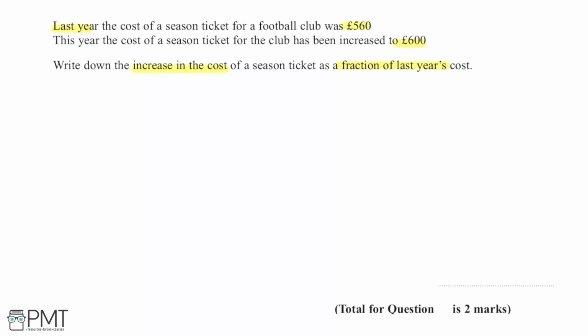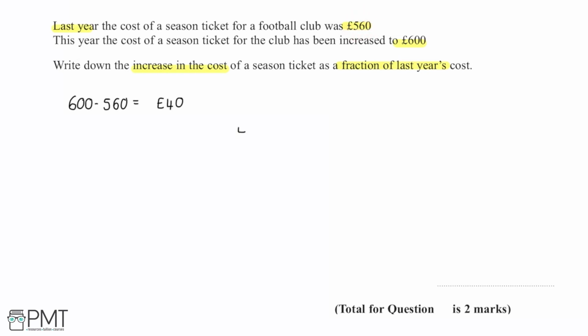Now if I want to write the increase as a fraction of the original price, I need to work out what the increase is. So I can do that here. I can take the 600, subtract that £560, and that gets me an increase of £40. Now, in order to answer this question, I need to write this as a fraction of the original amount, and the original amount, or the amount last year, was £560.